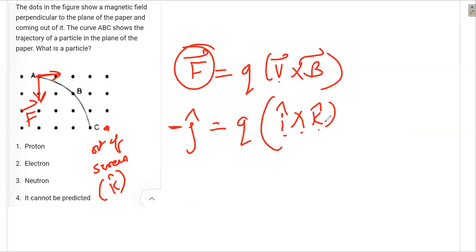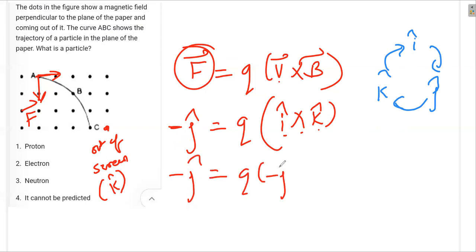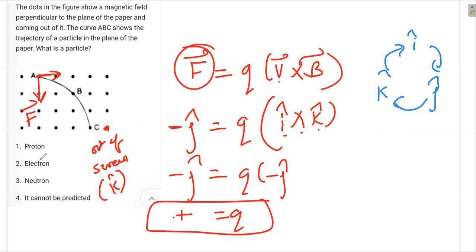You need to know the cyclic rule: i cross j is k, j cross k is i, and k cross i is j. Going in the anti-clockwise direction, i cross k will be minus j cap. So minus j cap equals q into minus j cap. Cancelling, we get plus, so q is positive. Out of the given charges, the proton is positive.